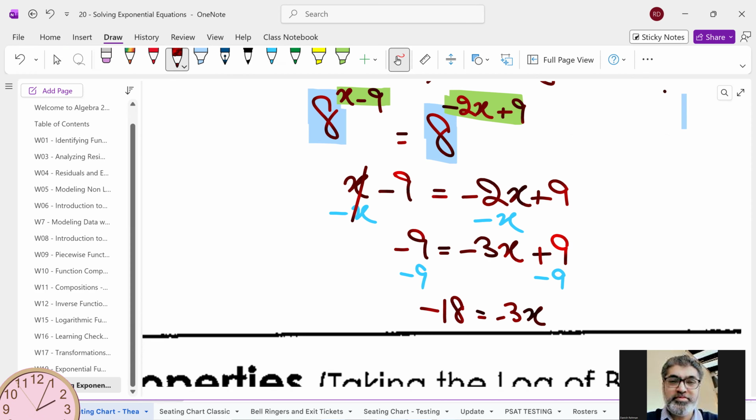What's next? You have to cancel out the negative. Negatives? Yes. How do I do that? Should I divide on both sides with what? Negative 3.